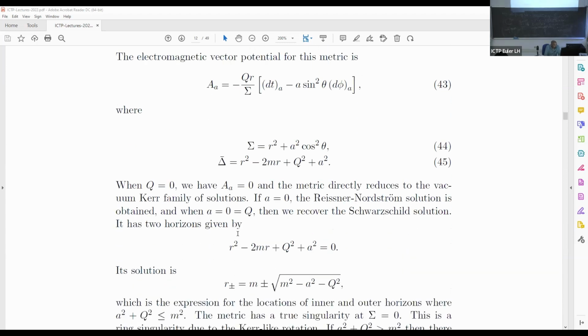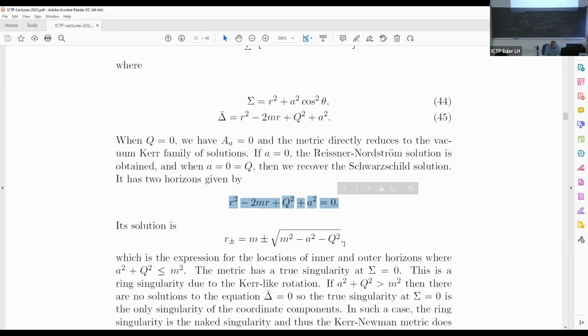In the Kerr-Newman, the event horizon equation is long, but again it's quadratic. It's not more complicated, there are only two terms more. Apart from mass, it has charge and rotation.